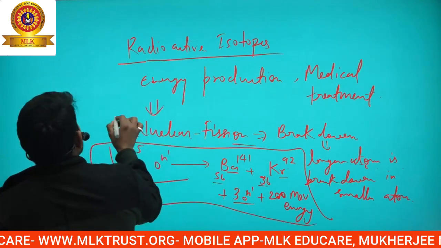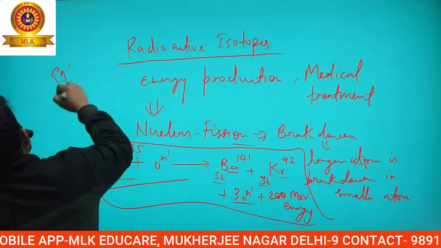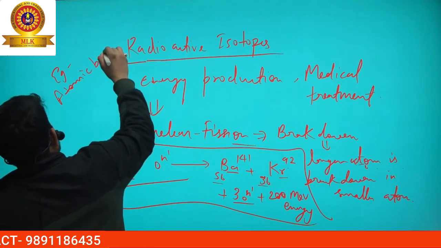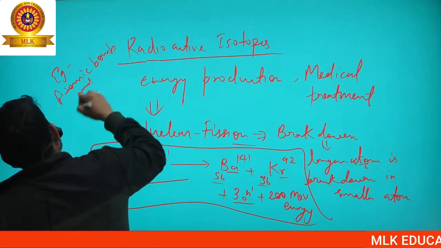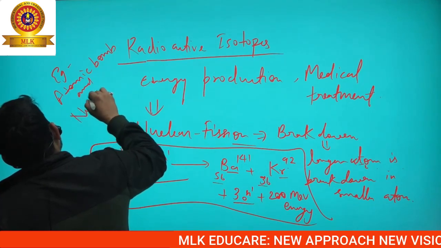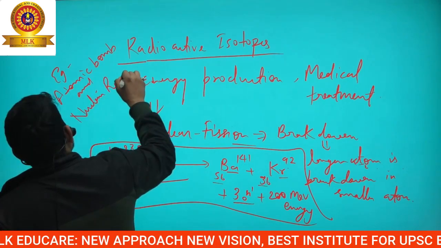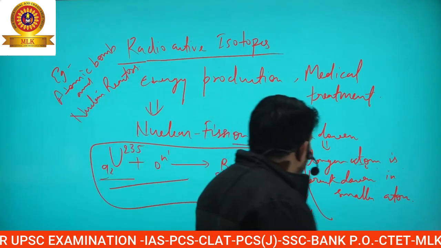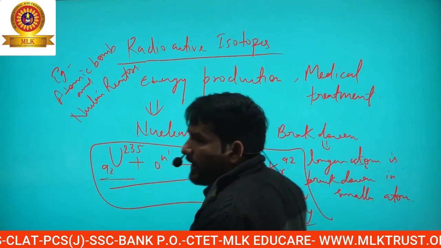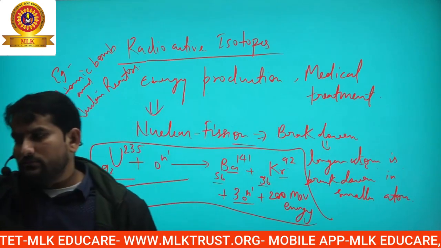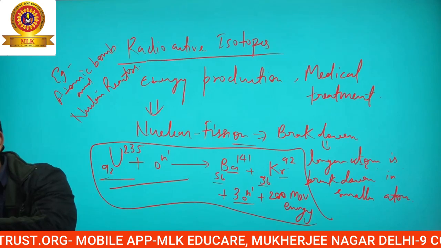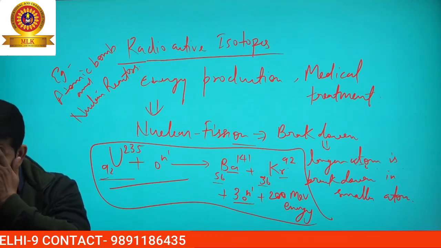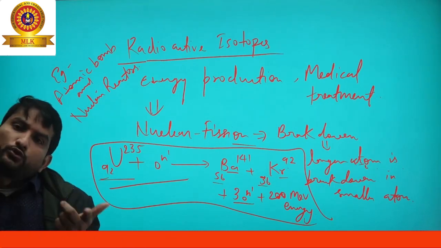The best example of nuclear fission is the atomic bomb and nuclear reactors. Actually the atomic bomb is an uncontrolled chain reaction, and the nuclear reactor is a controlled chain reaction.